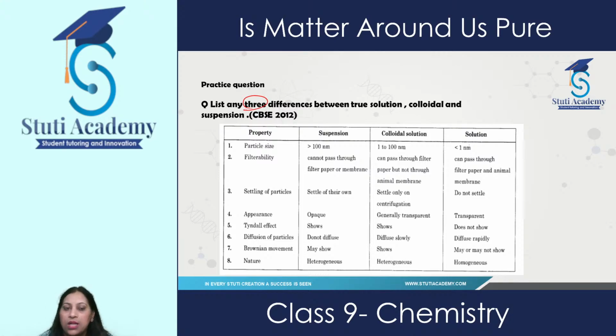So you need to learn this table, which I have already explained to you. You can choose any property if it is not mentioned in the question. But if it is mentioned that on the basis of particle size or appearance or Tyndall effect or diffusion of particles, then you need to write only that particular point.